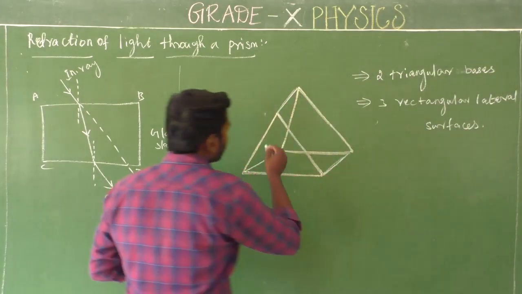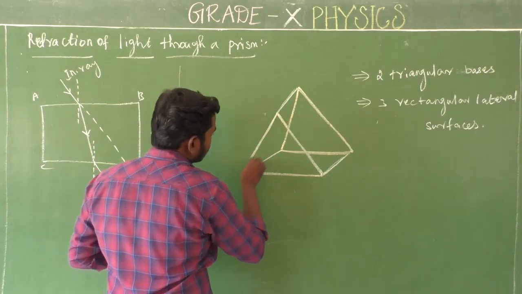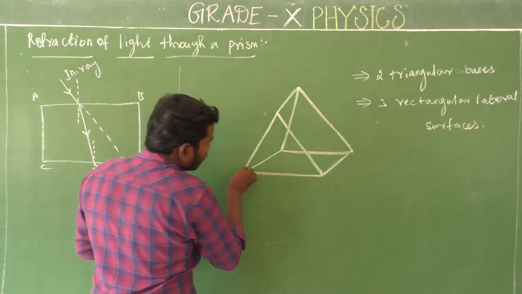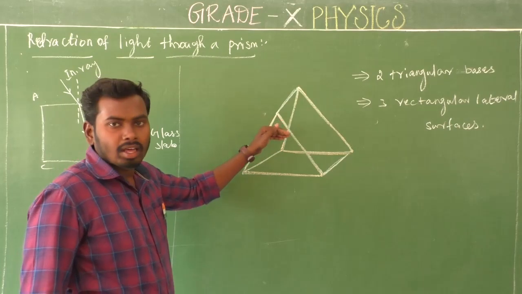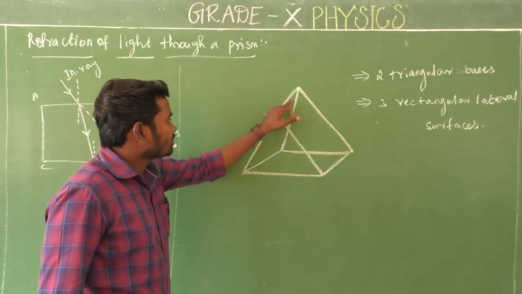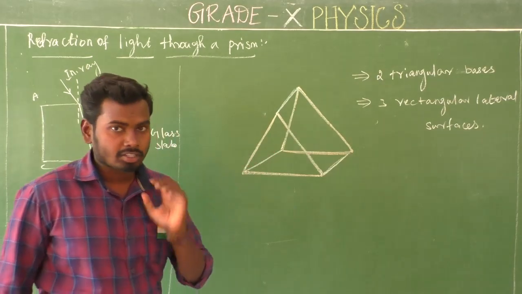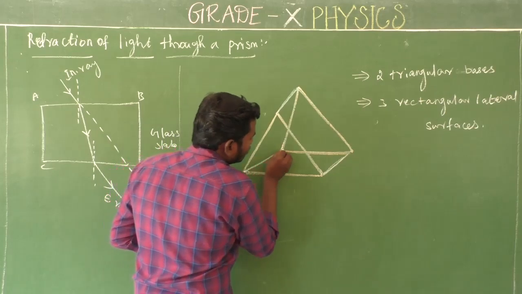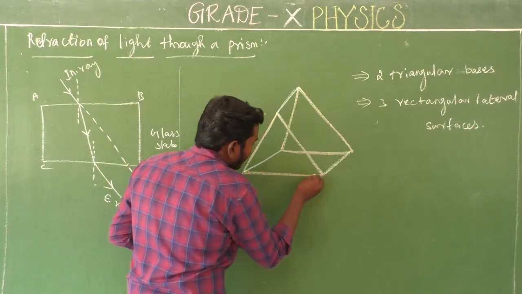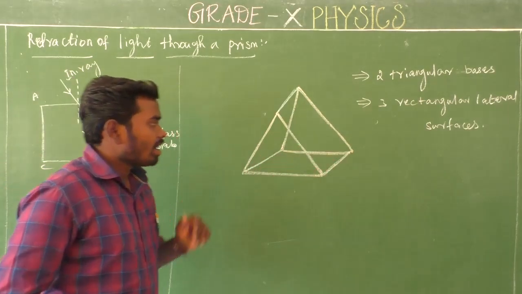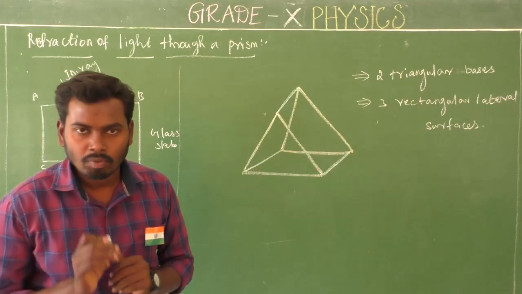Then this part is also one of the rectangular lateral surfaces. This is the first rectangular lateral surface, and this is the second. Then this is the third one. Look at here, this is the third rectangular lateral surface. Is it clear? It's very, very simple.